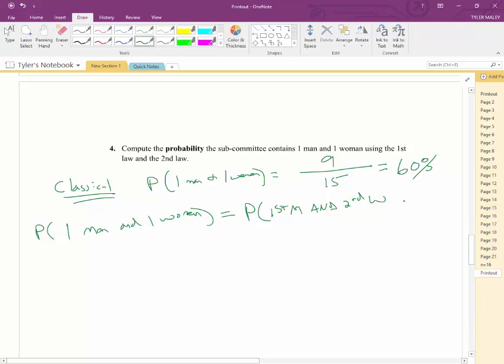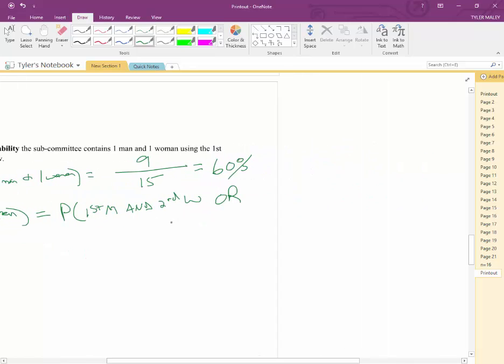Or, right, so that's one case this could happen. So if I want one man and one woman in my sample space, the first could be a man and the second could be a woman, or the first could be a woman and the second could be a man, right? So these are the possible scenarios. So we have to use the first and the second law.